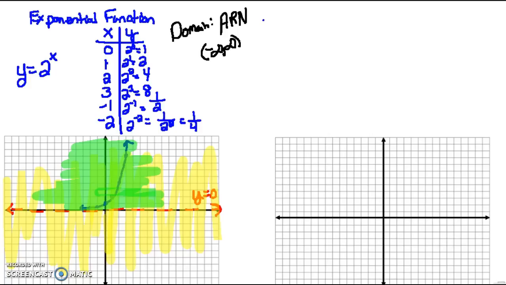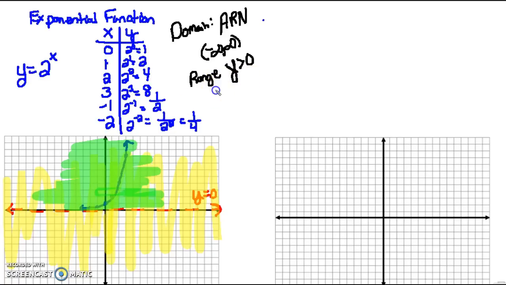So that means my range is going to be y has to be greater than 0. I can't even be equal to 0, because if I cut it in half and half and half again, I'm never, ever going to be all the way down to 0.